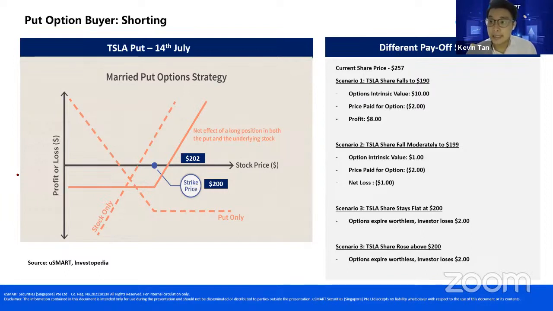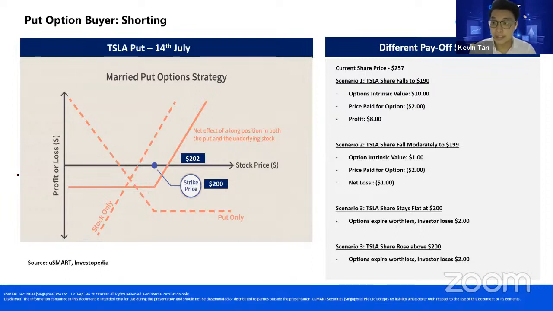So there is an intrinsic value of $10 in the option because while the share price is $190, the option gives you the right to sell Tesla shares at $200, which means that there is a value of $10 for your option. And given that you actually paid $2 for the option, you will realize a profit of $8 from this transaction.